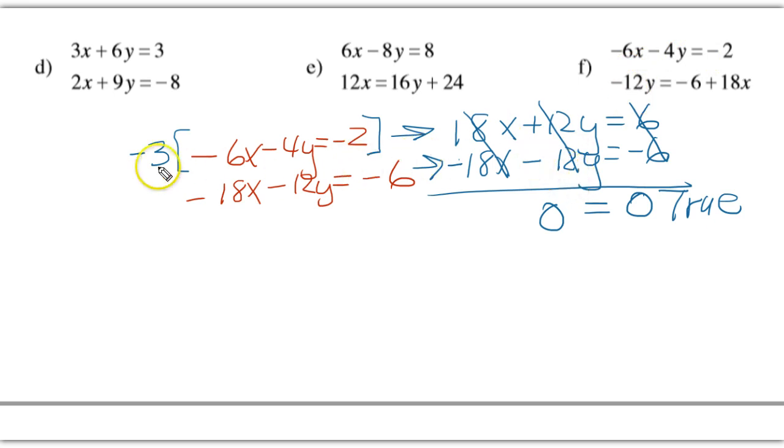Because if I multiplied this equation by a positive 3, I would get exactly what's here in this equation. So what did we say when we have something like this? We put it in set builder notation, and that's our answer. Wow.